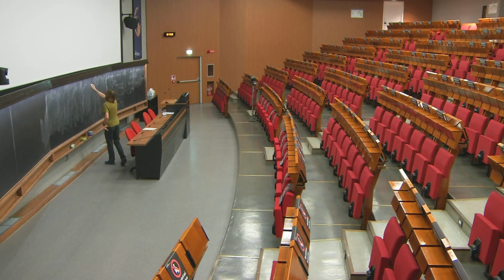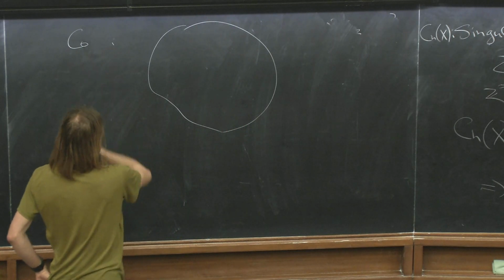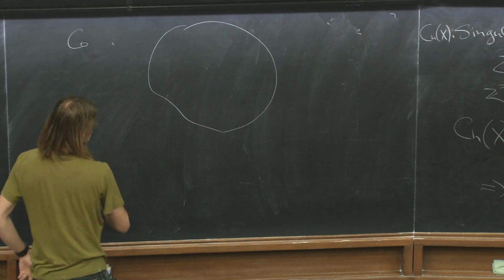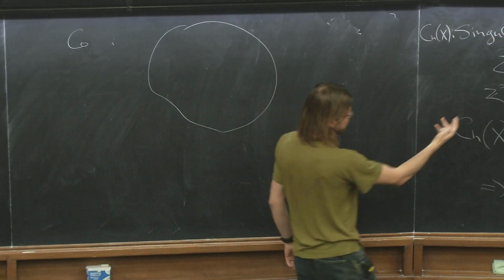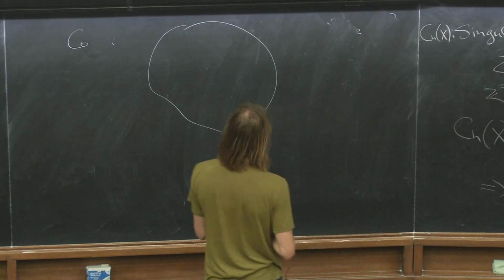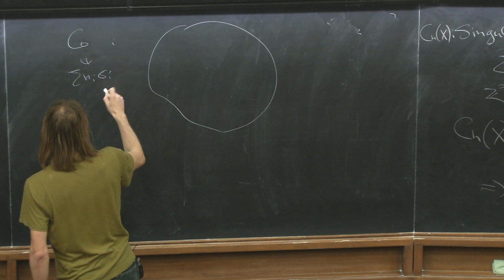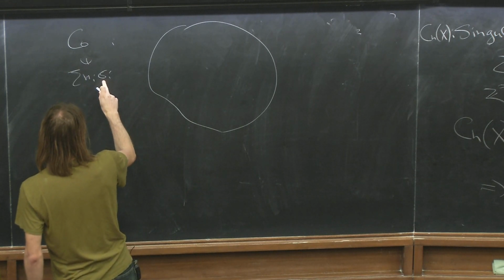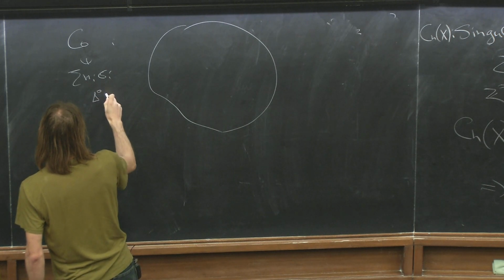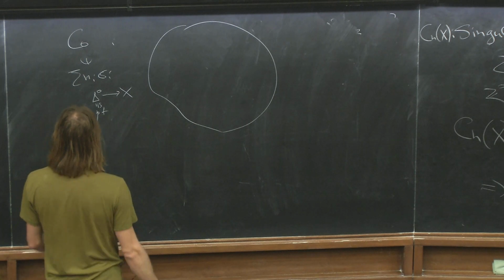An arbitrary element is of this form, where each sigma i is a map from a 0 simplex to X, and this is just a one-point space.